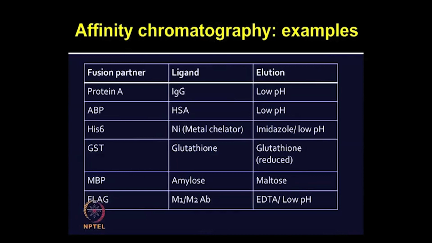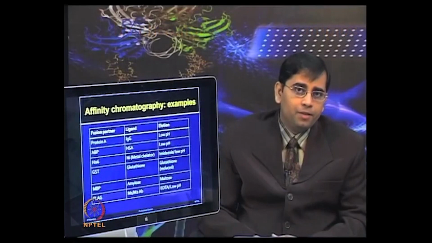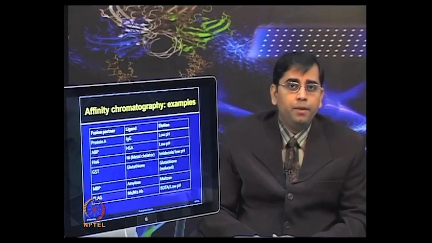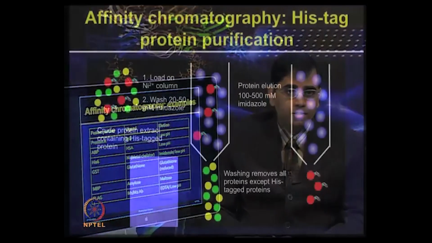GST, glutathione S transferase, binds with glutathione, and reduced glutathione is used for elution. The maltose binding protein MBP binds with amylose, and it can be eluted with maltose. Then FLAG proteins can be bound to M1 or M2 antibodies, and EDTA or low pH elution can be used for eluting the proteins. There are various other examples, but these are common strategies being employed for protein purification.